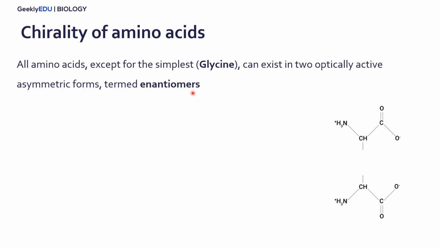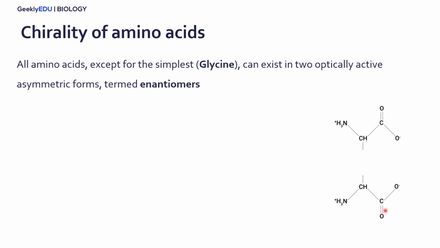And so this sounds very complex, but basically when we're talking about chirality or talking about enantiomers, it basically just refers to the idea that every amino acid can be a mirror image from itself. So we can have one amino acid in this shape or another one in the mirror image of that shape. So if we overlaid this on top of the other, it wouldn't match up, but if we put a mirror, then it would.